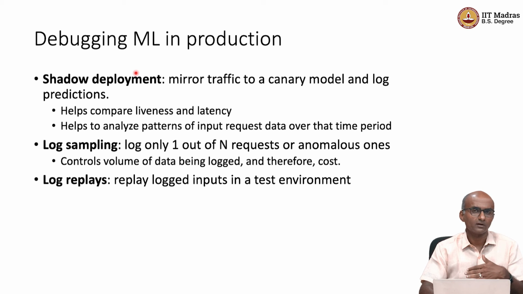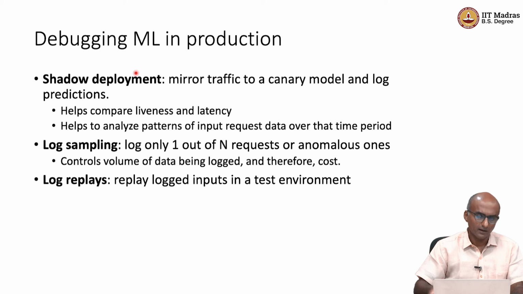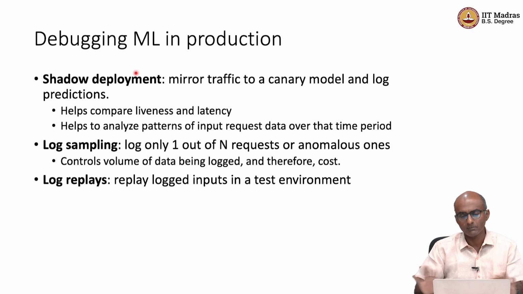The canary model is not responding back to that request for prediction, but it's just logging that information and giving all that information for helping you take simple calls as to whether the main model is suffering from readiness issues or underlying resource issues, whereas the canary model is just running fine without any failures.